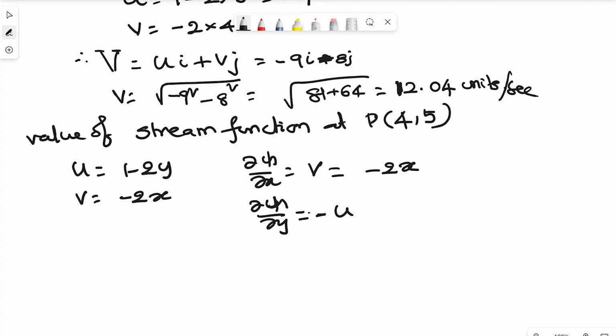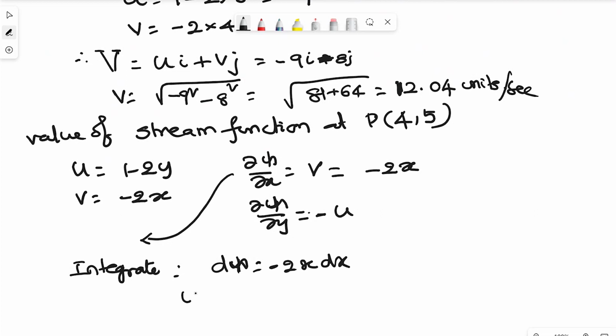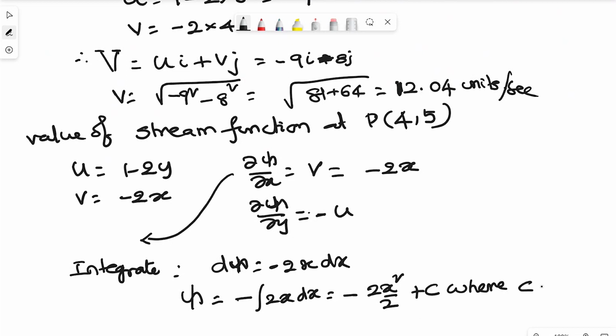From this, if we integrate, d psi is equal to minus 2x dx, or psi is equal to minus 2x squared by 2 plus c, where c is a function of y.